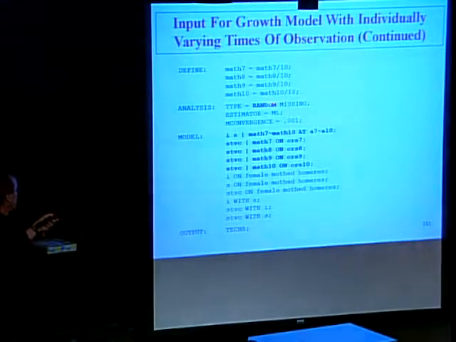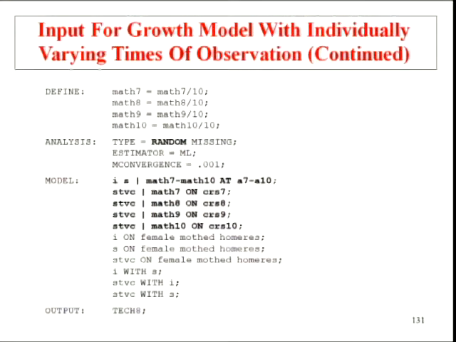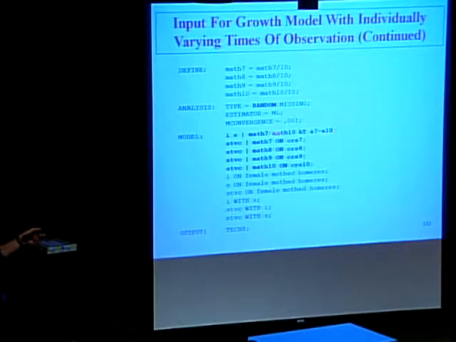Well, let me back off of that for a second. So here's one of the two features: individually varying times of observations, captured by this expression here. IS bar math 7 through 10 at A7 through A10, where A7 through A10 have been defined as t-score variables.